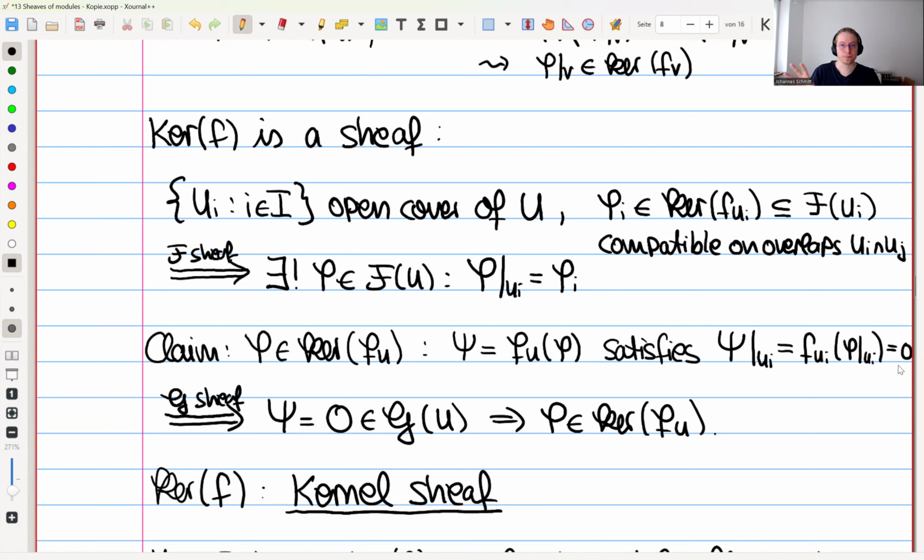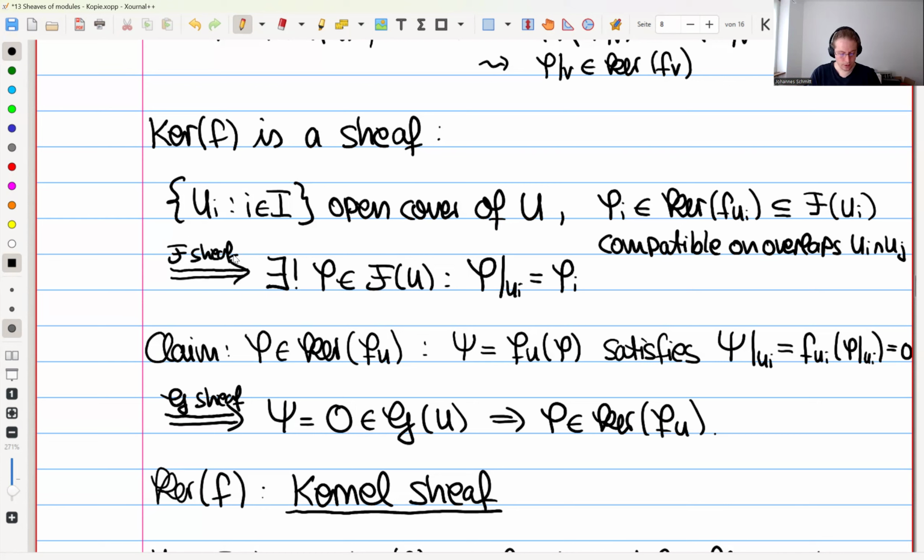So we got a section of G which, on this open cover, if you restrict it to any part of the open cover, vanishes. And now we use that G is a sheaf and see that the only section of G which can restrict to 0 on all the parts must actually be the 0 section. It's the unique one which has this property. And so phi is in the kernel here.